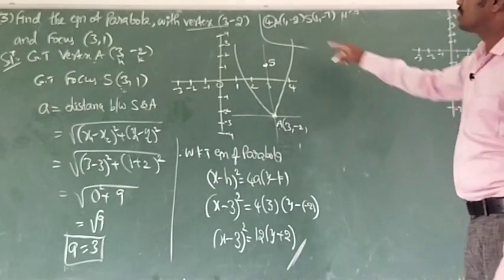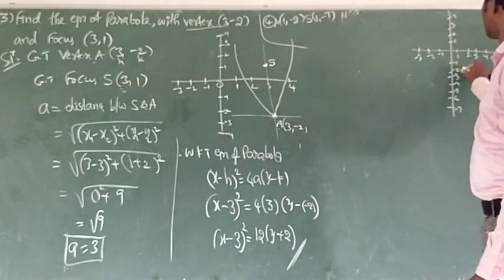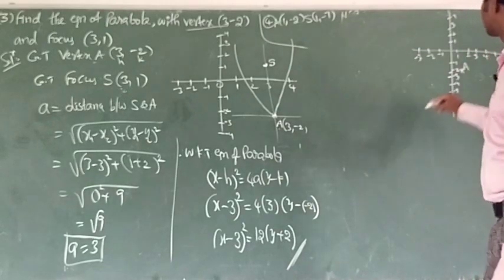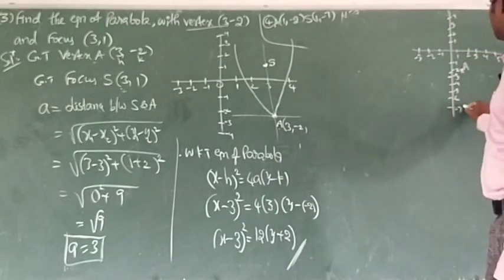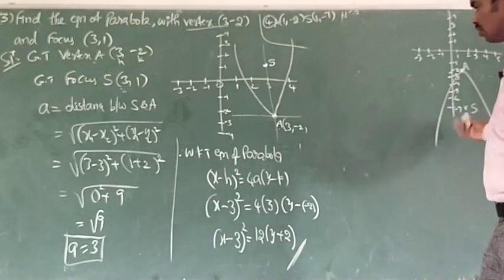First the vertex is 1 comma minus 2, and the focus is 1 comma minus 7. So the parabola may be opening downwards.